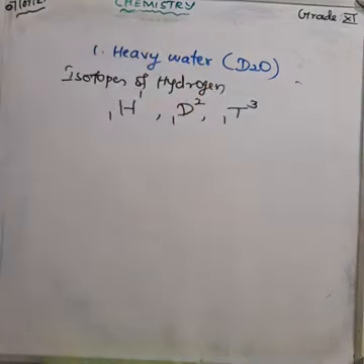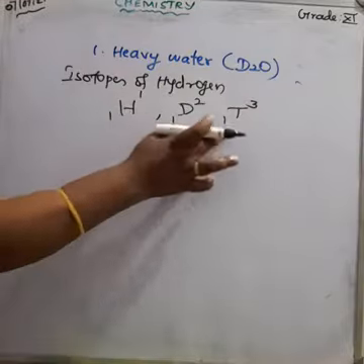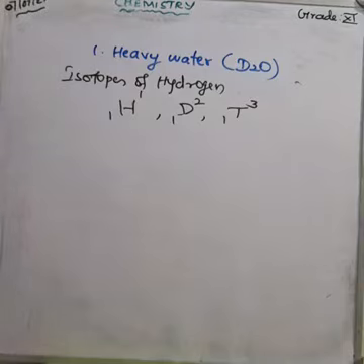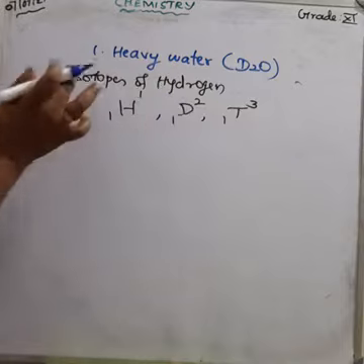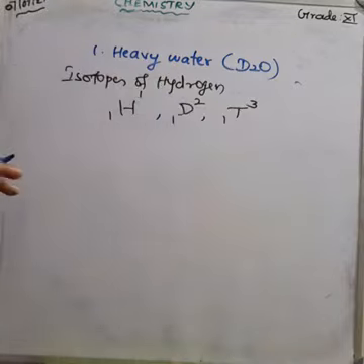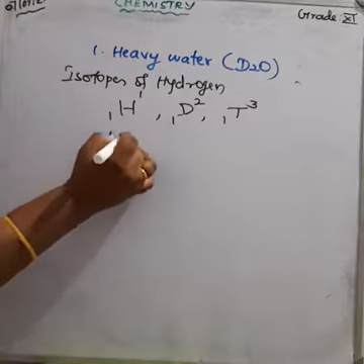These three isotopic forms of hydrogen, that is protium, deuterium and tritium, when they combine with oxygen form oxides. For example, H2O means the oxide of protium.